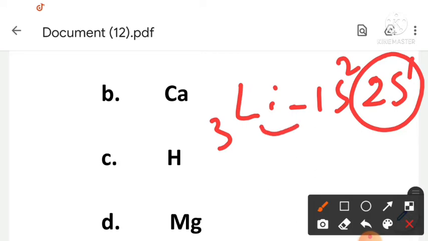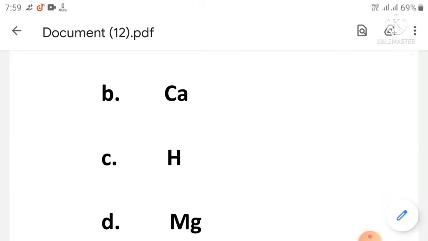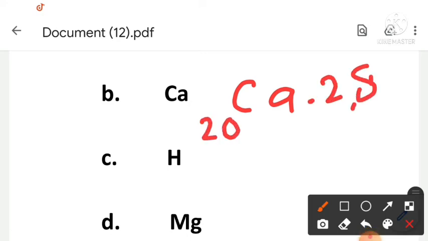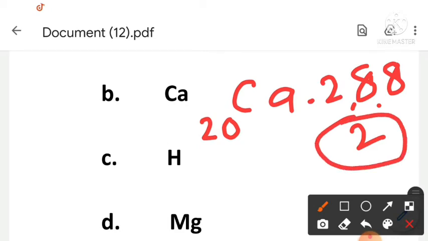Calcium, we know that Z of calcium is 20, 2, 8, 8, 2, and the outermost shell of calcium has 2 electrons, so it is also a metal.